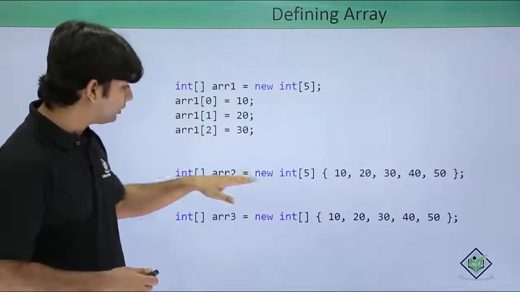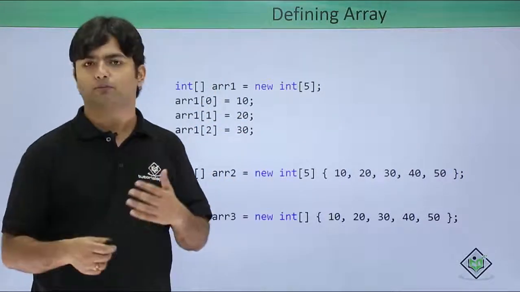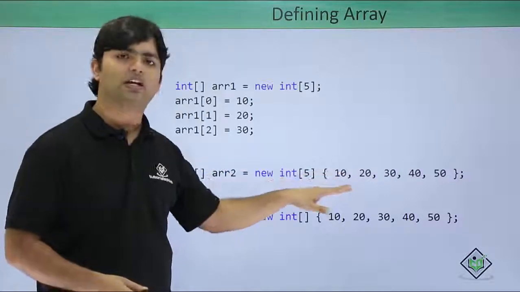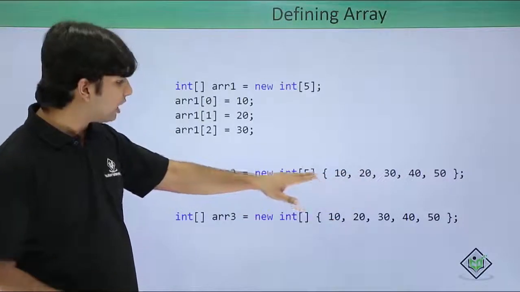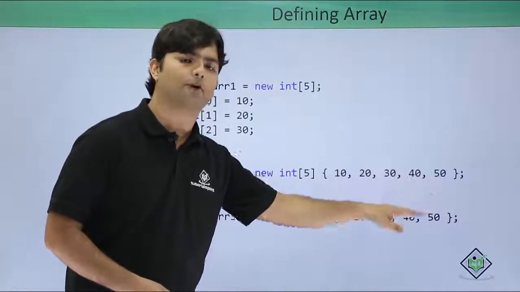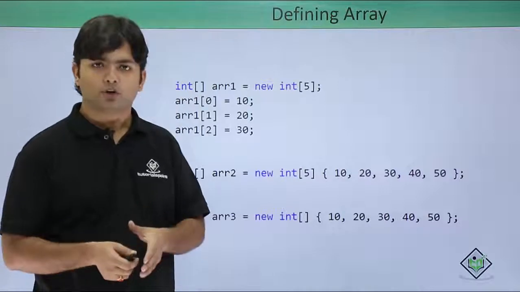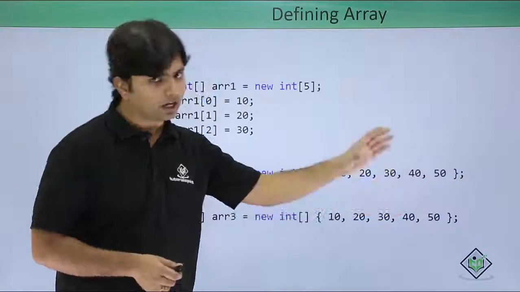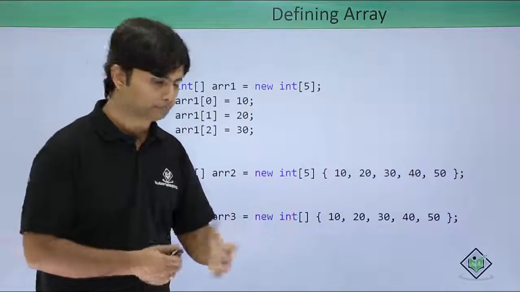Or you can go for this particular way if you have some fixed values which you want to store in an array. Here I have done inline initialization, in which after specifying the size of an array, I have to pass the same number of elements. If you change the number of elements here, whether less or more, it will give you a syntax error.